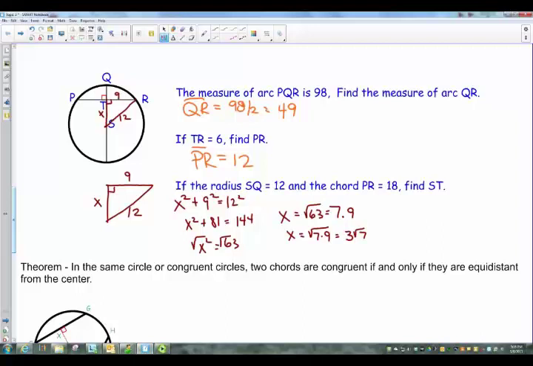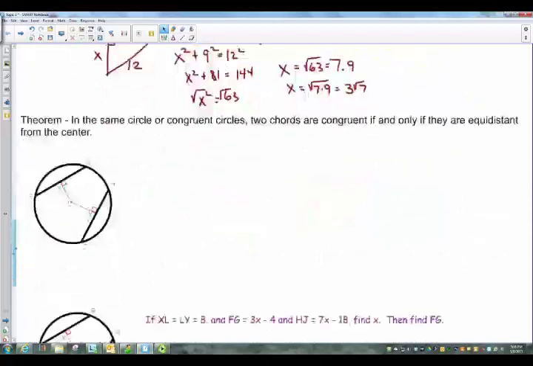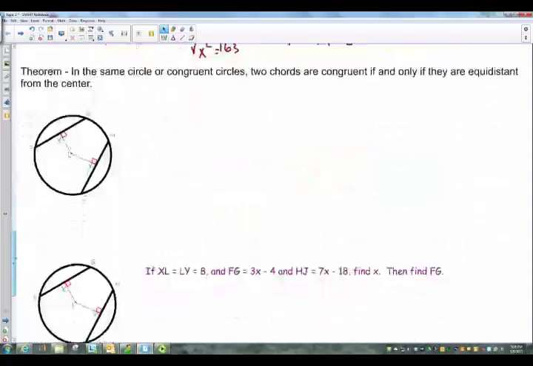Now you have to just understand that, because QS is a radius, you can create a radius anywhere, and it has the same measure. All right, final idea for this is another theorem. It says, in the same circle or congruent circles, two chords are congruent if and only if they are equidistant from the center.